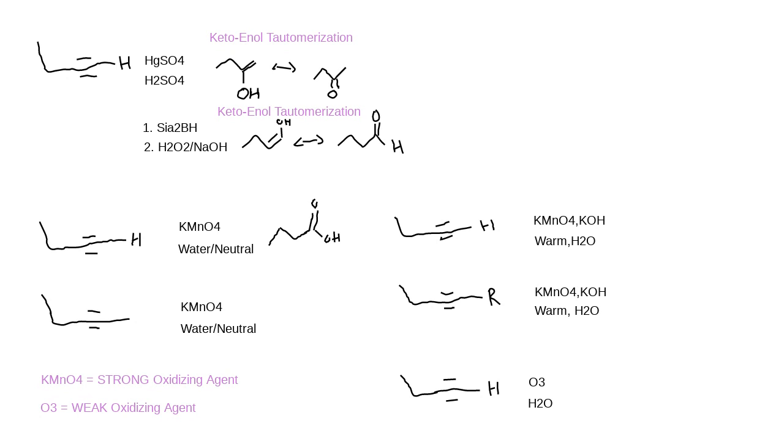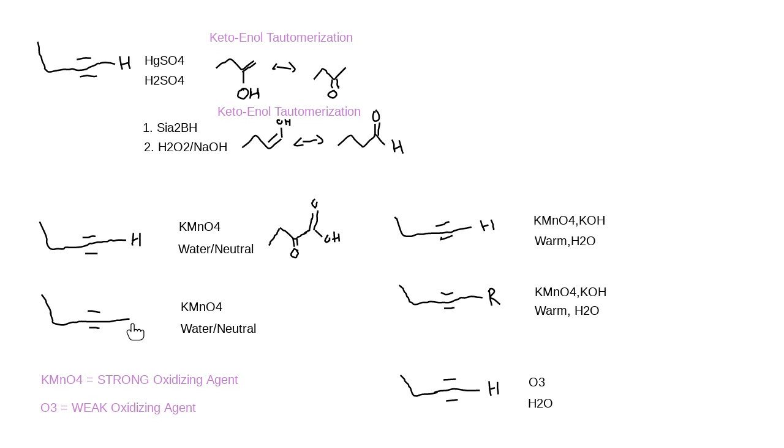Carbon 4, the very last carbon, will turn into a carboxylic acid, because this will oxidize into a carboxylic acid, and obviously the internal carbonyl will stay as a ketone.